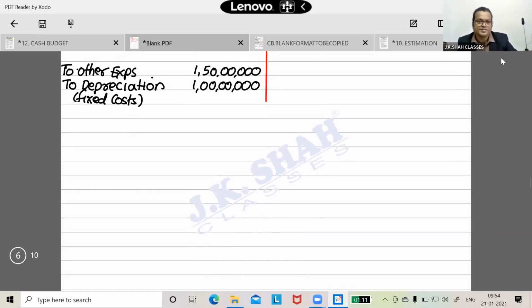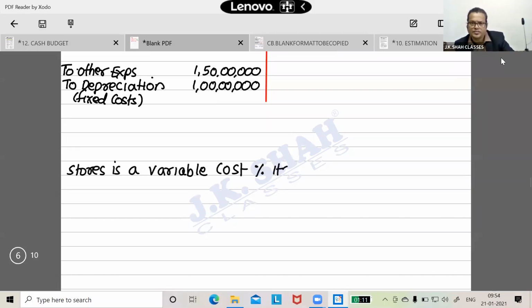Leave some space for calculation of net profit. Stores is a variable cost.